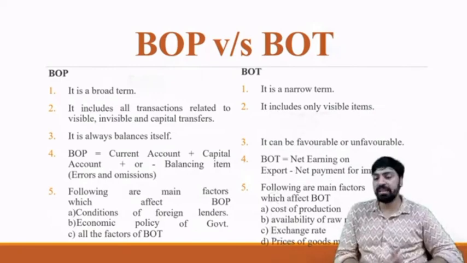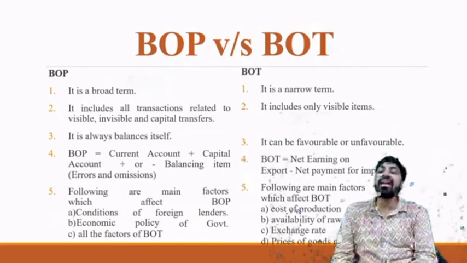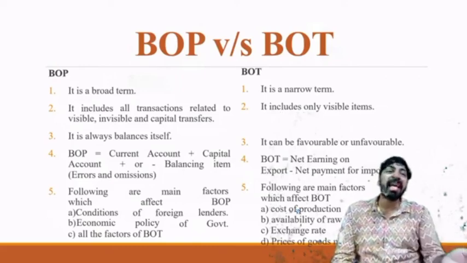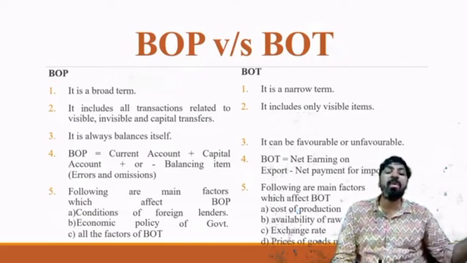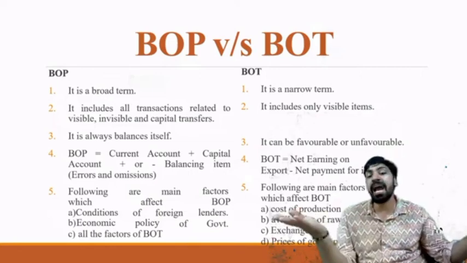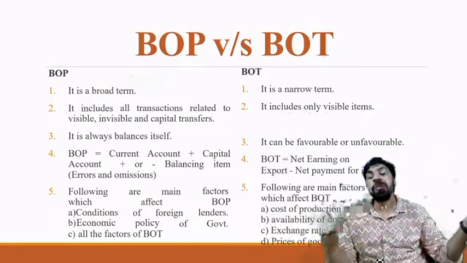The fourth concept is the prices of goods manufactured at home. It depends on whether the prices are lower at the home country like India, or higher at the host country or foreign country.